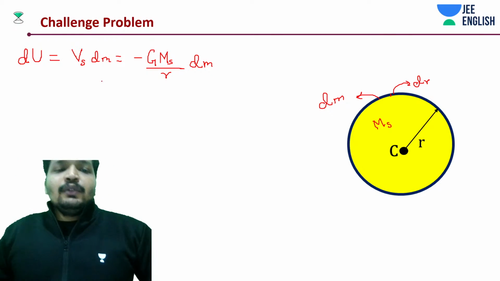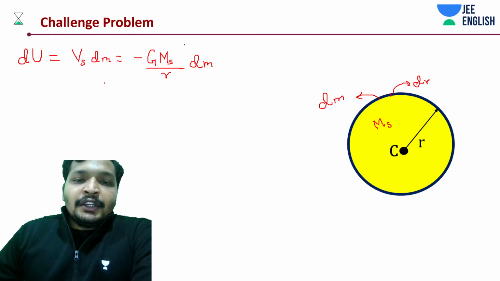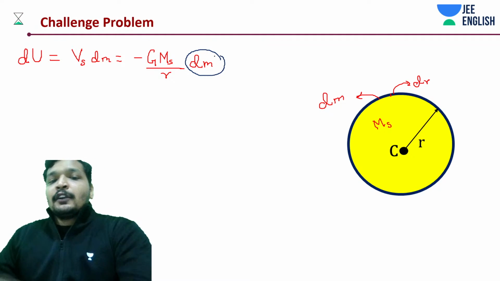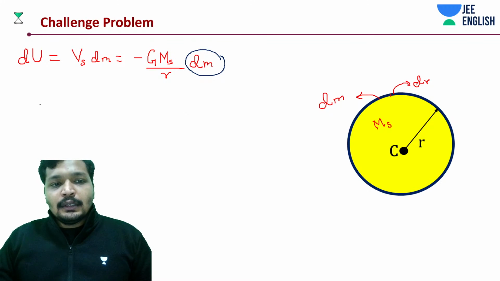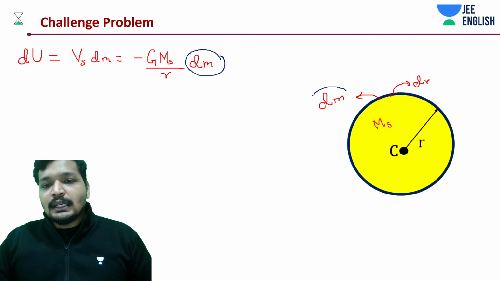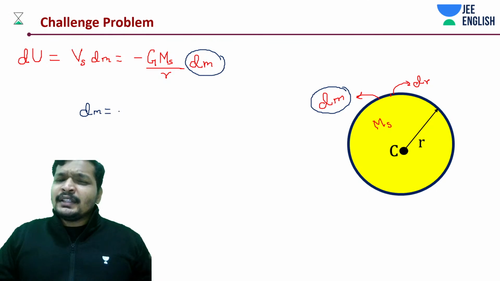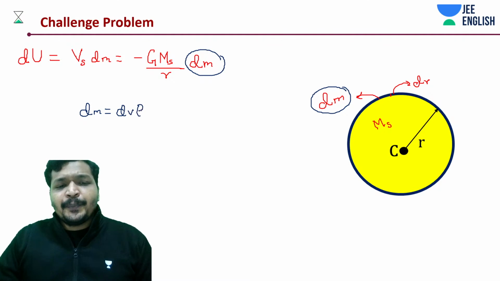Now, what are the two things that we need to know? dm in terms of r, of course. So dm is going to be, what is this dm mass? Some volume into density, the volume of that small volume into density, something like dV into density rho.